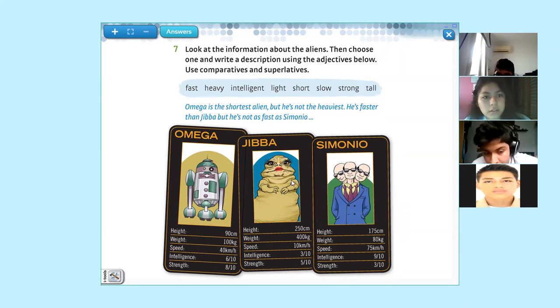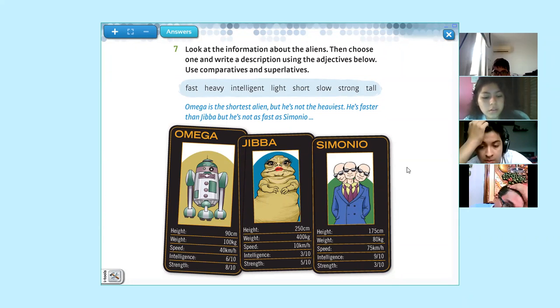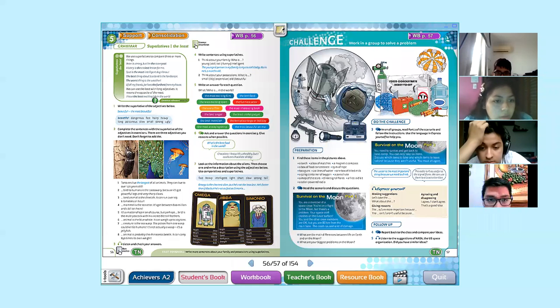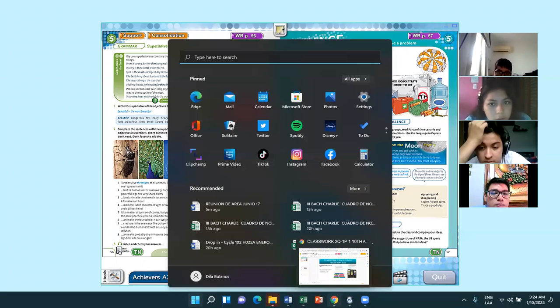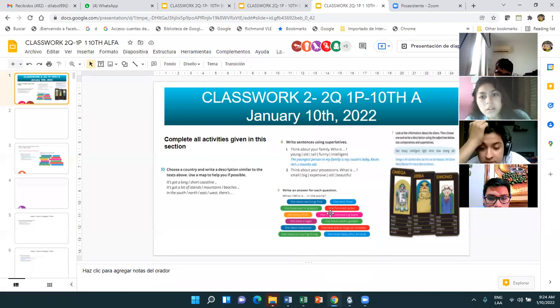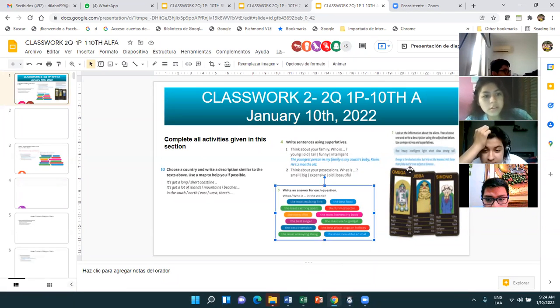That is the information you are going to use to make the sentences for each one. A minimum of 5 sentences will be held for this.